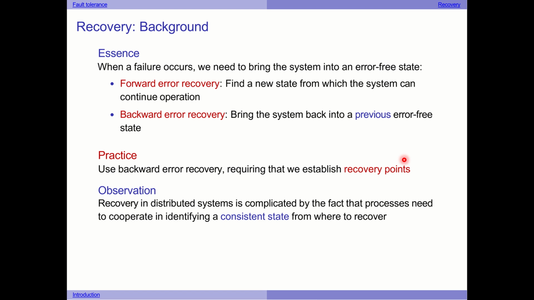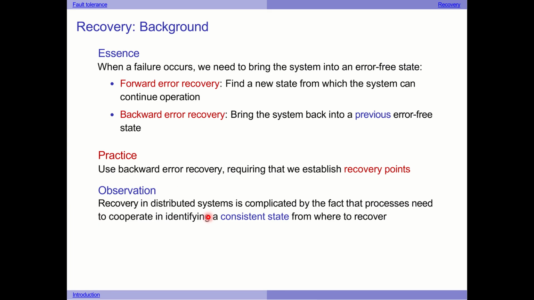When you open your laptop and your OS back up, you can see that they will point you to the last saved state in Microsoft Word. That is what we call a recovery point.